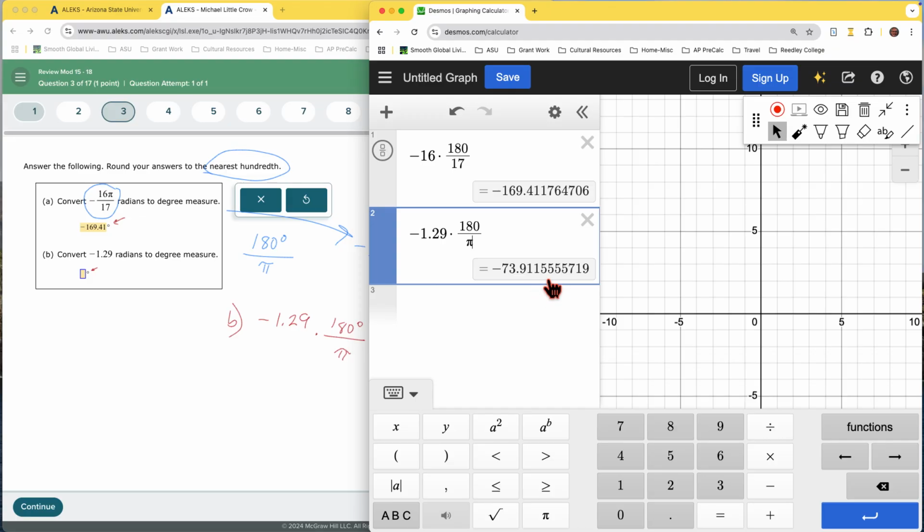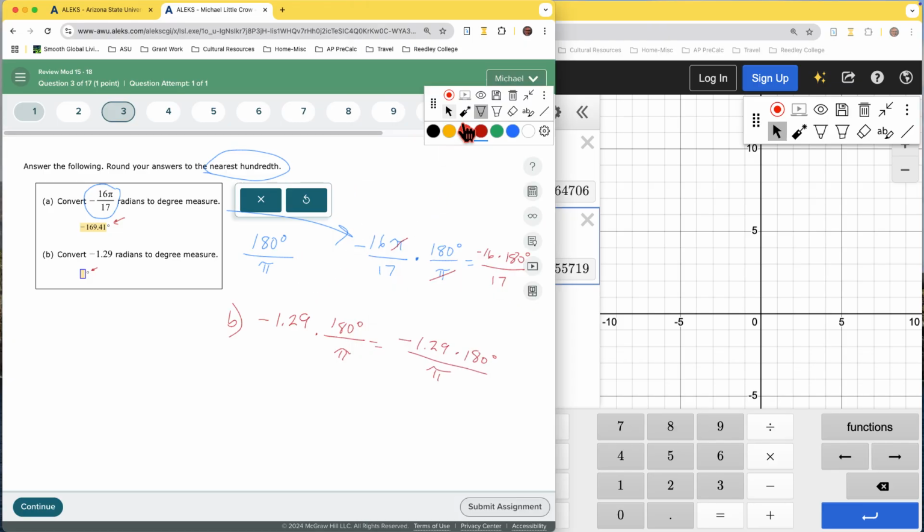Next to the 1 is a 1, so it rounds down: negative 73.91. And that's pretty much it, converting from radians to degrees.